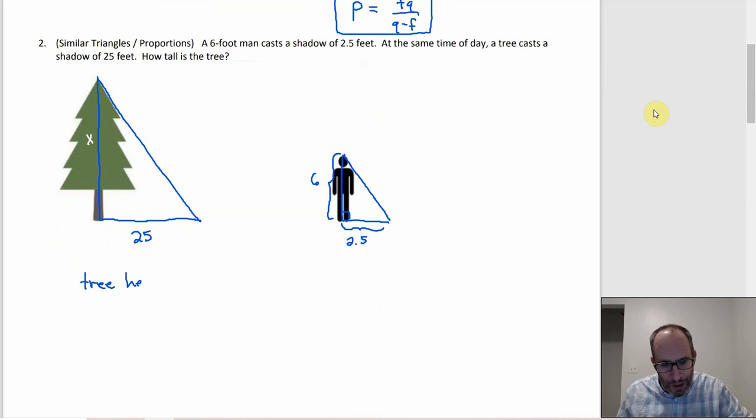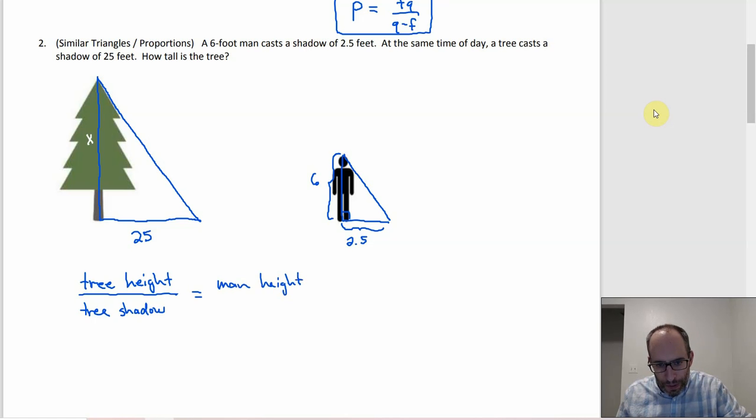You could say tree height over tree shadow would be equal to man height over man shadow.